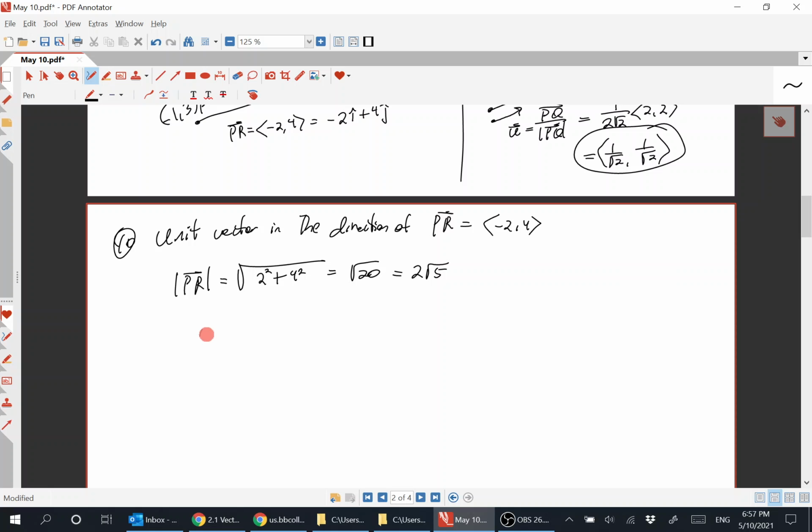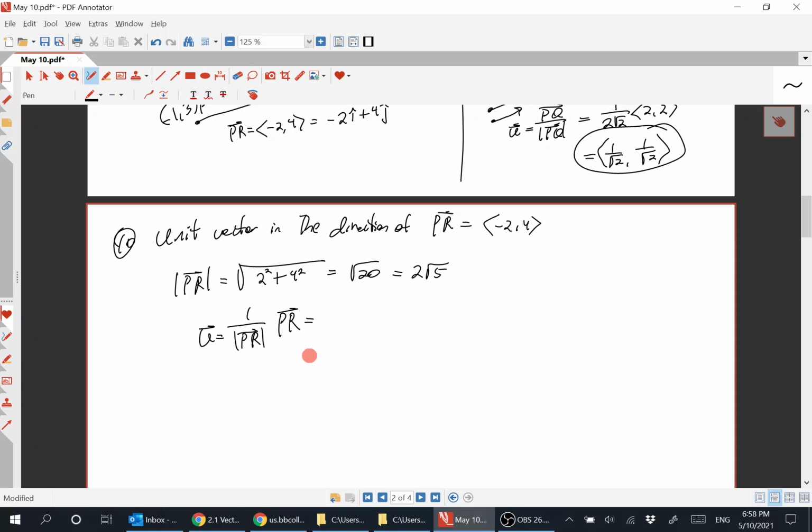You can write the unit vector in two different ways: instead of PR over the length of PR, you can write it as 1 over the length of PR times PR.